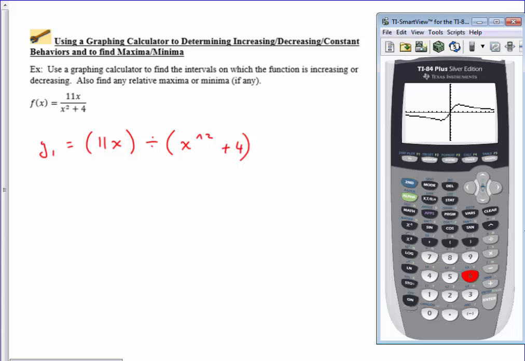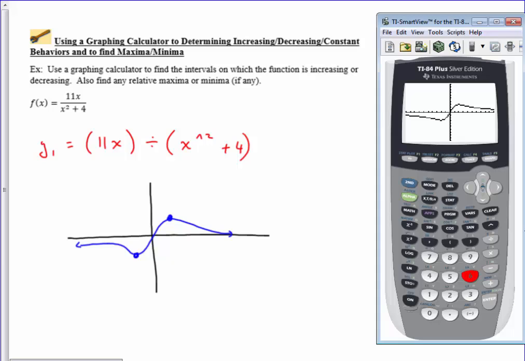What I will do is sketch the graph that my calculator has given me. Okay, and on this graph there are two important points that will help me answer the two questions that are asked.